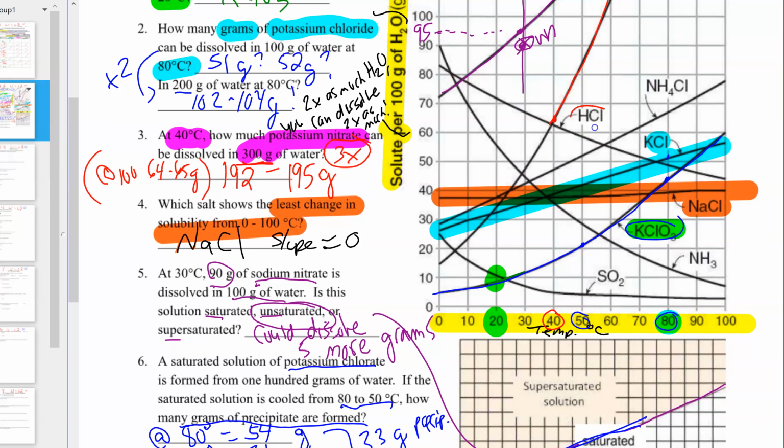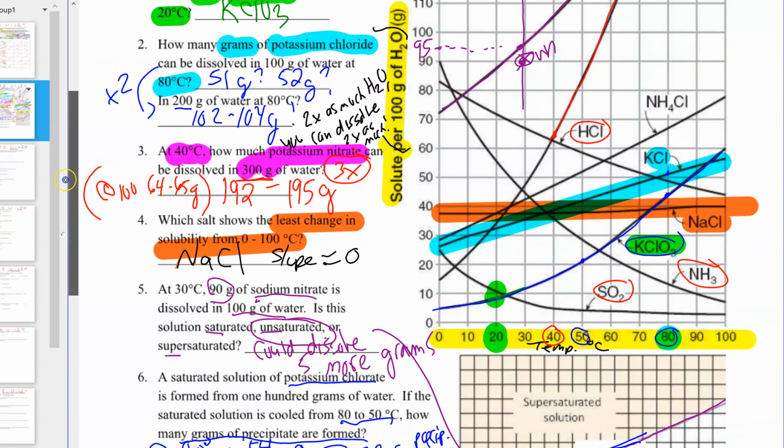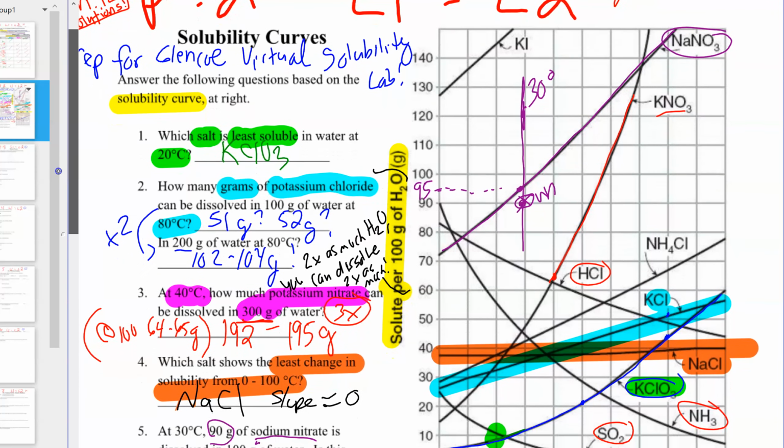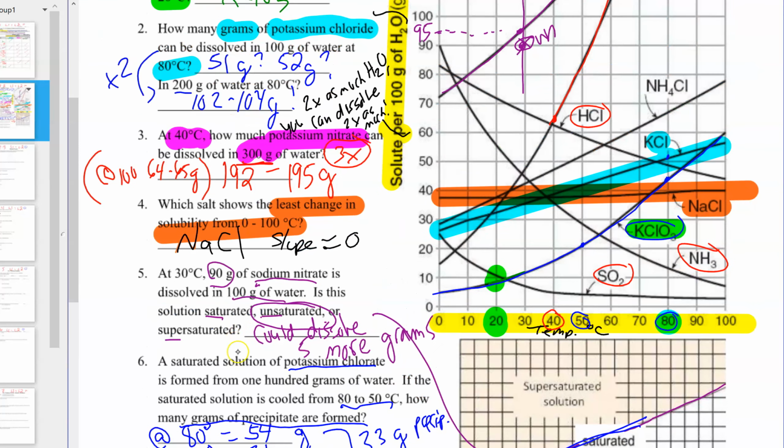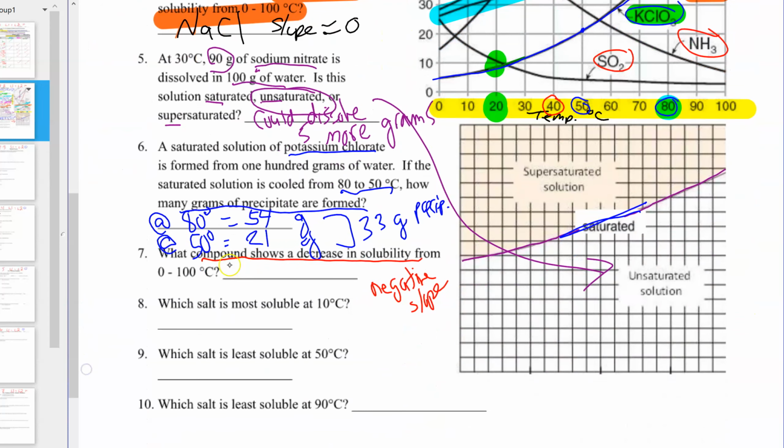We see HCl goes down, we see NH3 goes down, and we see SO2. Any others with a negative slope? No, I don't think so. So we'll say all of those: HCl, NH3 ammonia, or SO2 sulfur dioxide. Now, if they want to know which salt, then we'd have to technically say HCl. It's more salt-like than the other ones.